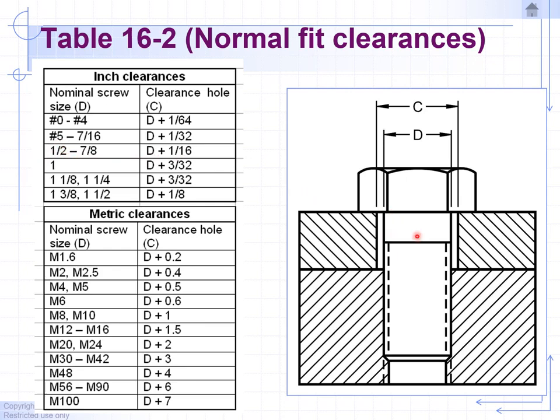So the bolt is 1/2 inch diameter, and for the clearance hole, you're going to add 1/16. So it's just 0.50 plus 0.0625, and that'll give us 0.5625 diameter for the clearance hole.